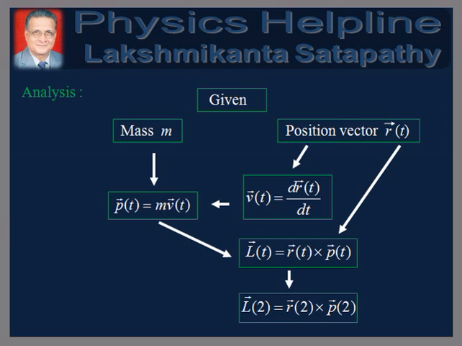Then, using mass and velocity, we will find the linear momentum p equal to mv. Now, using position vector r and linear momentum p, we find the angular momentum at time t from the equation L(t) = r(t) cross p(t). Finally, putting t equal to 2 seconds, we get the required result.